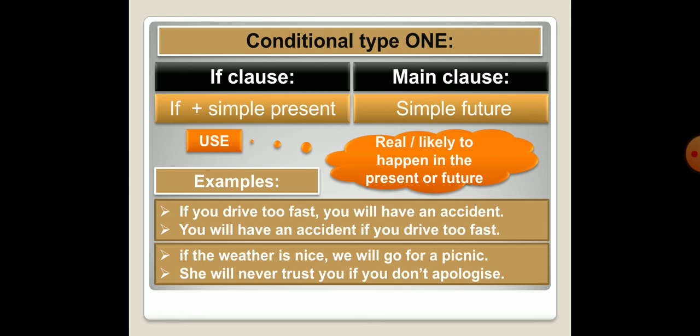If the weather is nice, we will go for a picnic, which means this is something likely to happen. She will never trust you if you don't apologize. Again, we can start with the main clause or with the if clause.